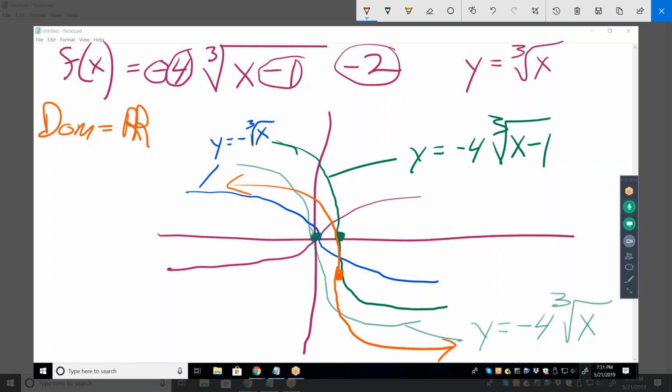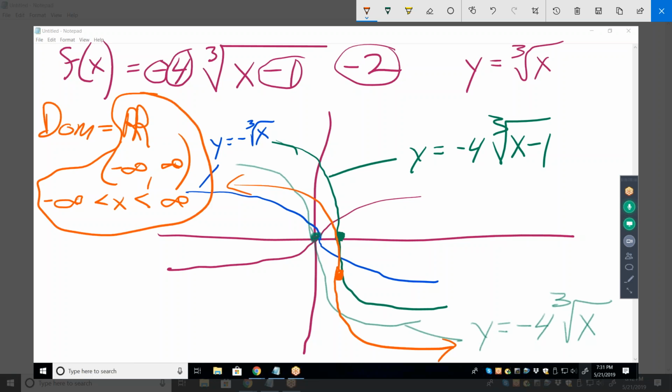That's one of them right there, all real numbers. You can also write it as interval notation, like that. And you can also write it as x is greater than negative infinity and less than positive infinity. All 3 of those are legitimate ways to write the domain. They all tell you what x can be.